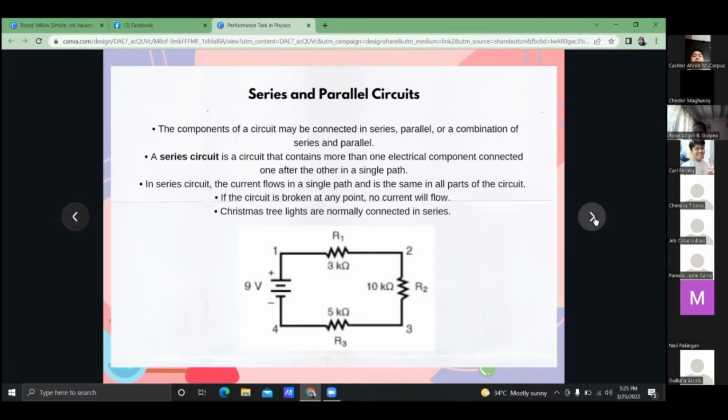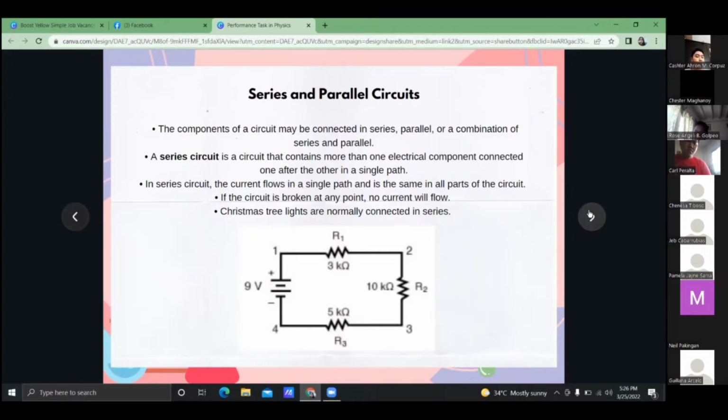So for example, for the 3, it will decrease each and every time it passes through a resistor. So you will have voltage drops. Do take note that the summation of all voltage drops is always equivalent to the voltage generated by the battery.